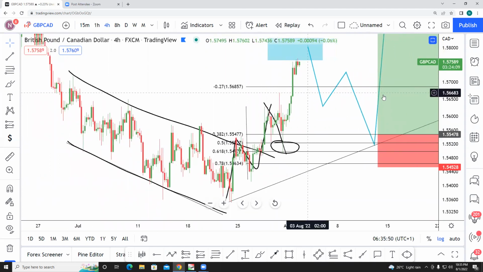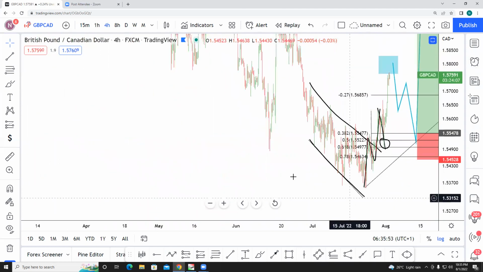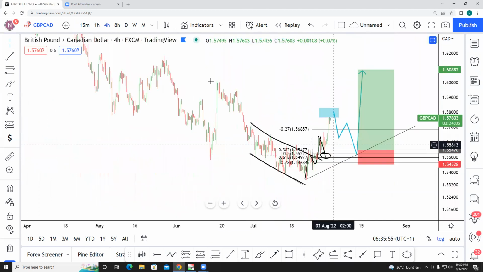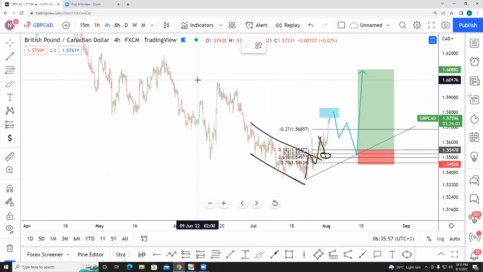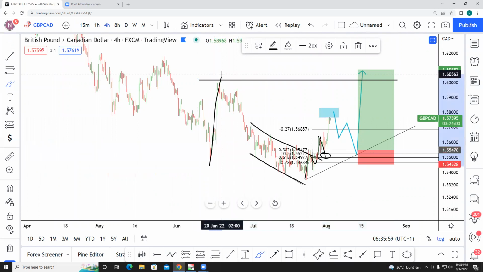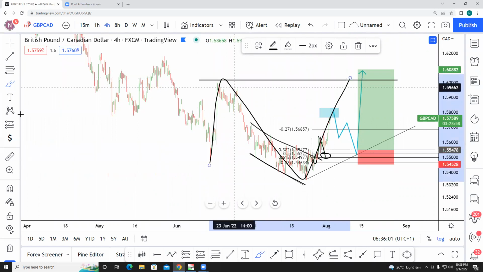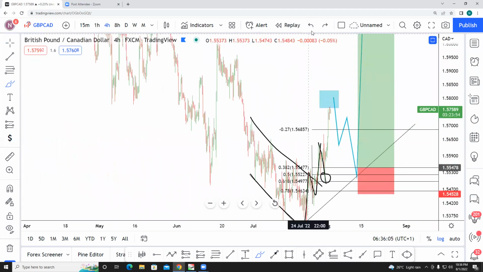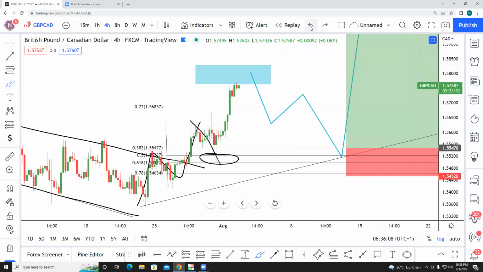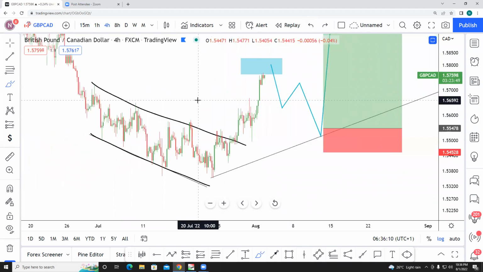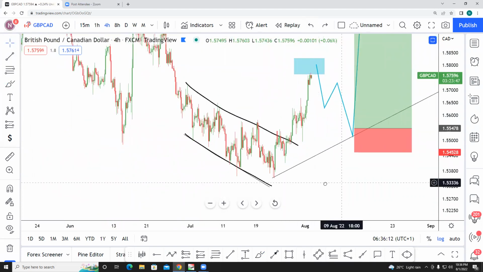So what's our expectation now? Now that it has moved, no problem. All we are looking for is that we want GBP CAD to come to this level. That's when it will make structural sense, guys. Okay, so if it has to come to that level, what are we expecting in order to catch up with it? All we're expecting, guys, is simple.